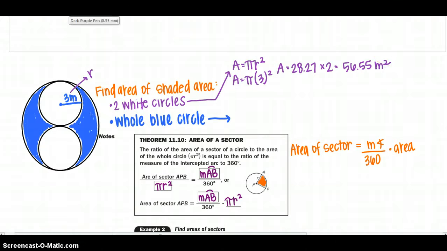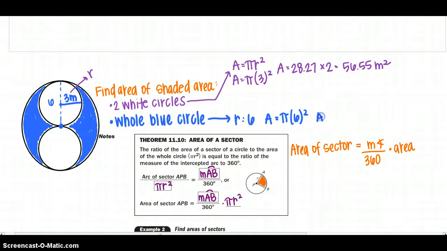Now I want to find the area of my whole blue circle. Well, I know that the 2 circles meet at the center, and I know my radius is 3, so my diameter is 6. So I can use 6 as the radius of my big circle to find my area. So I get area equals pi times 6 squared.